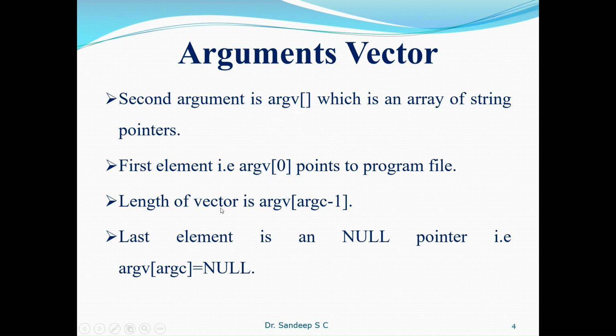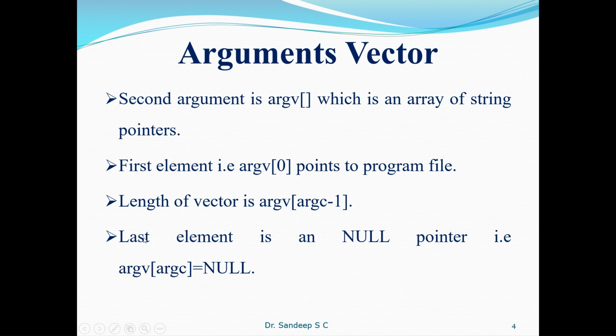So this is an array of string pointers. The last index of the vector is argc minus 1. We know that in an array the indexing always starts from 0, so when we indicate the last index of a vector, it is always the count minus 1. So argc is the number of arguments, and argc minus 1 will be the last index of argv.